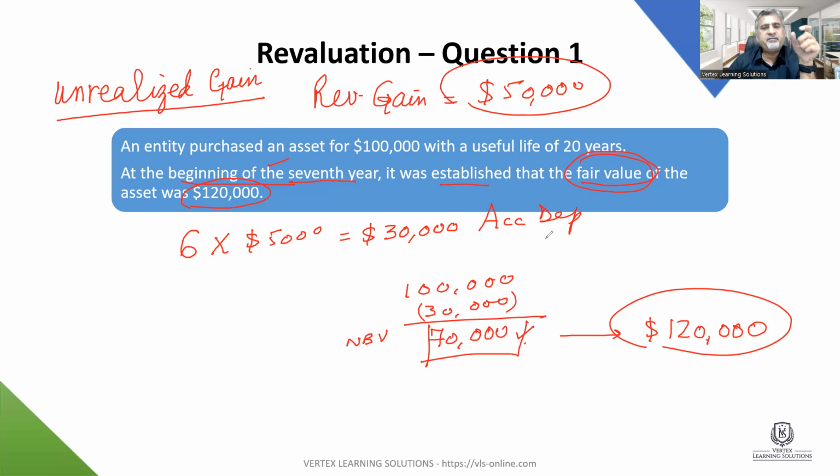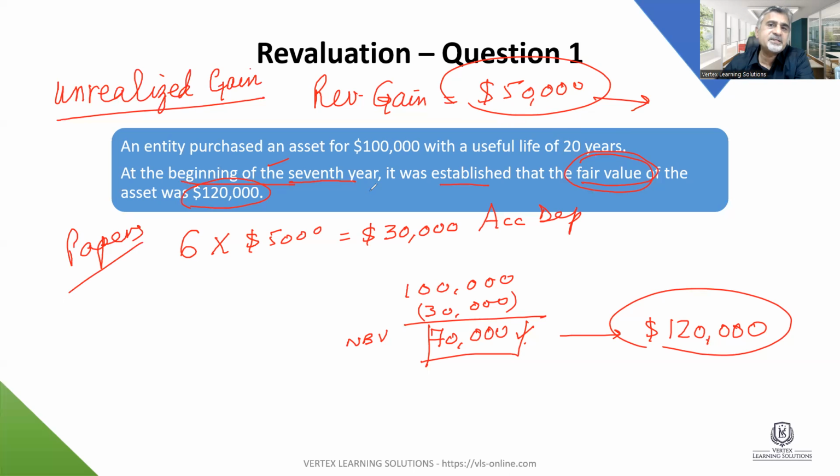We made a gain of $50,000 on the property. I say, $50,000 gain, that's very good news. Give me that cash, I'll go home, maybe take this money and go on vacation. Can you give me $50,000? You cannot, because it is just on paper. This building has not been sold. So the gain is there.